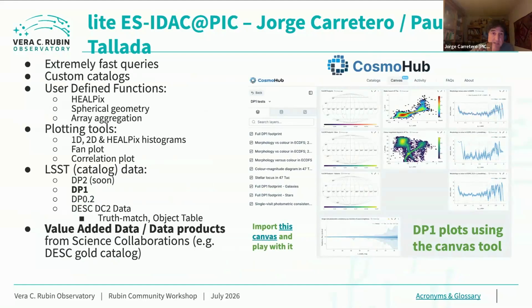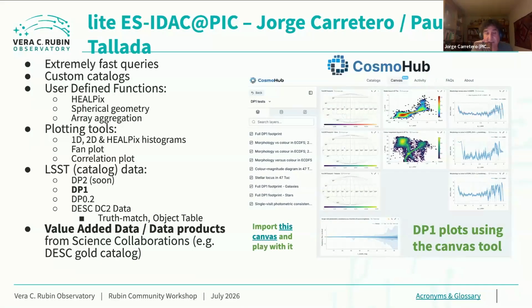Users can easily build their own custom catalogs, and we also provide several useful user-defined functions such as HEALPix, spherical geometry, or array aggregation. You can also explore and analyze the data using several histograms, 1D, 2D, and HEALPix. We have recently also integrated new plotting tools such as fan plot and correlation plot.